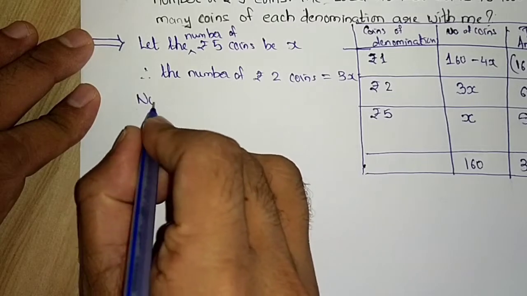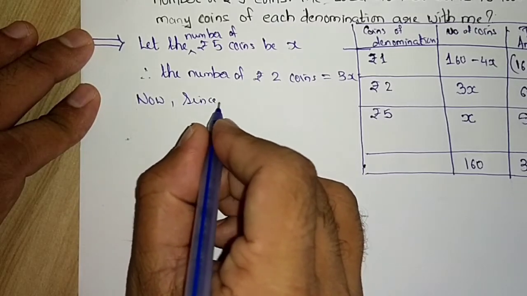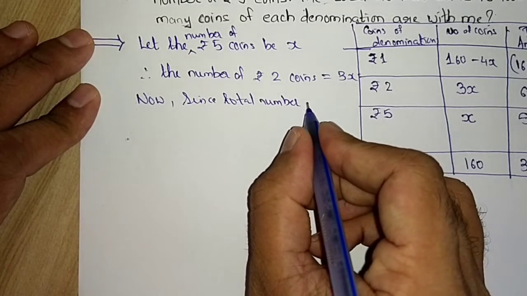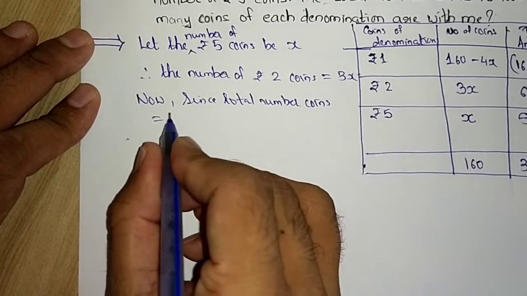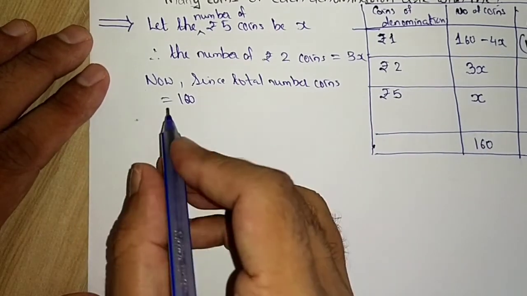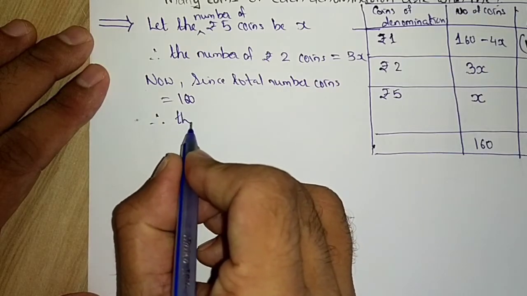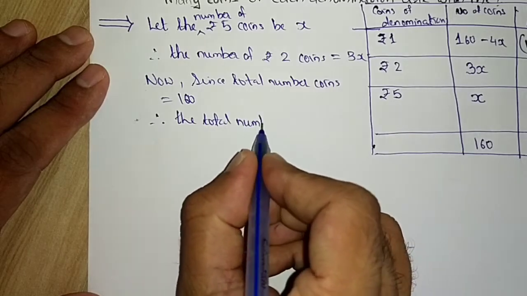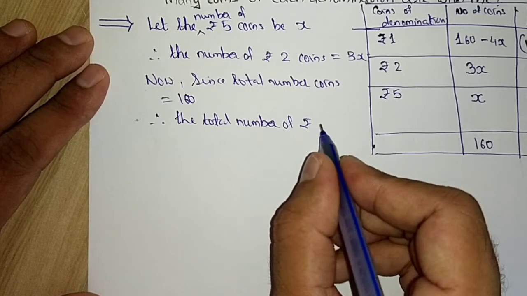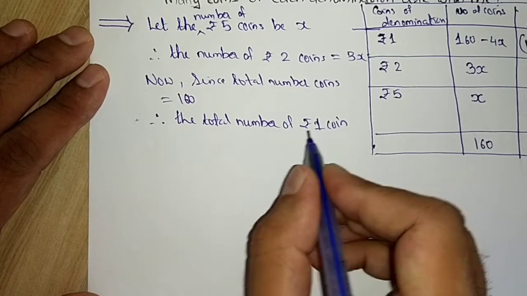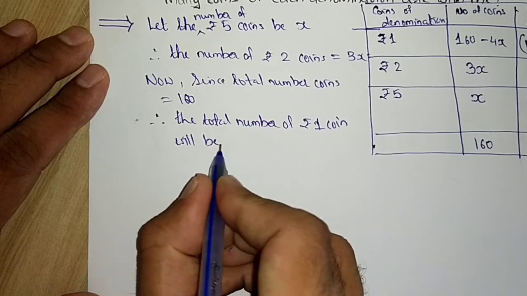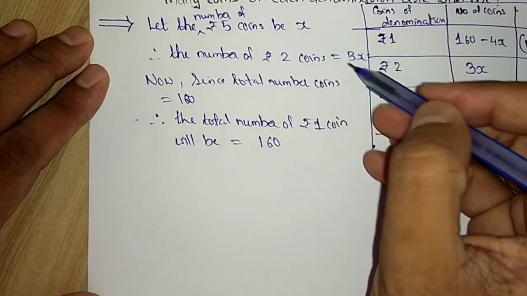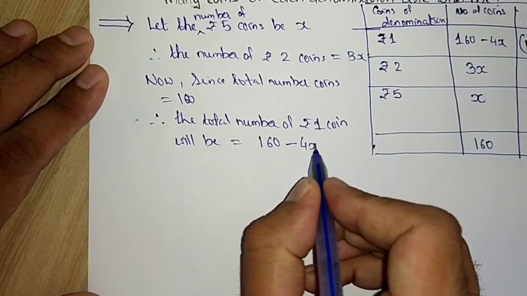Now, since the total number of coins is equal to 160, therefore the total number of rupees 1 coins will be how much? It is equal to 160 minus 3x plus x, that is 4x.